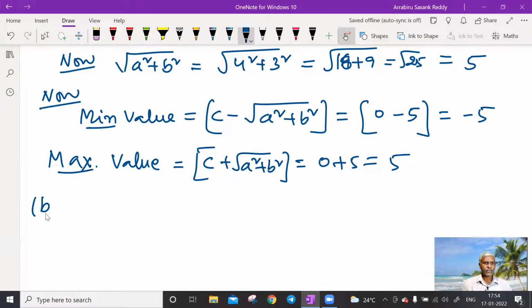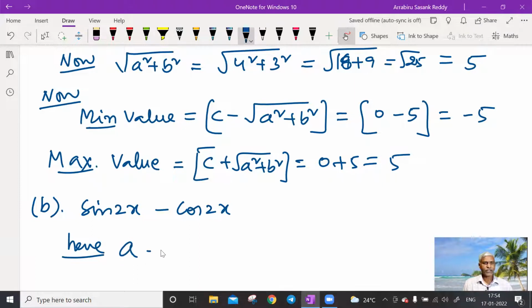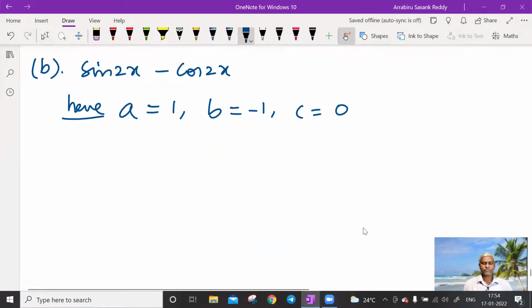Now for the second bit, sin 2x minus cos 2x. Here the sin coefficient a is 1, the cos coefficient b is -1, and the constant term is 0.